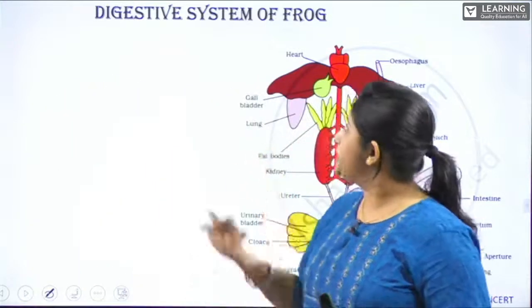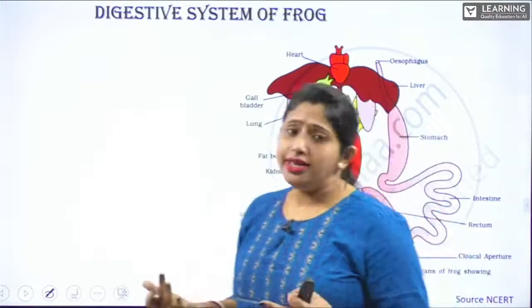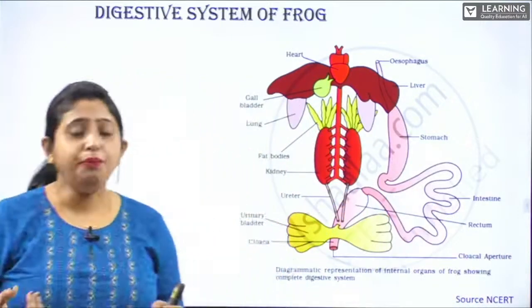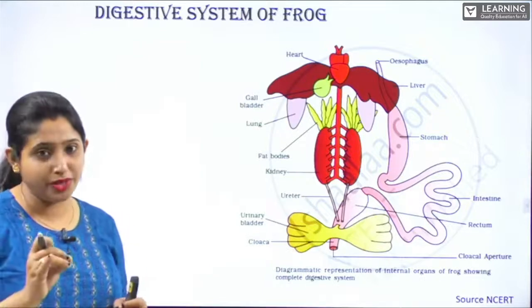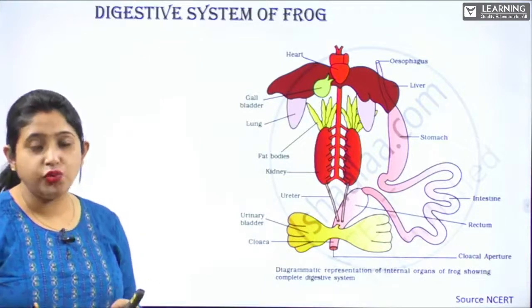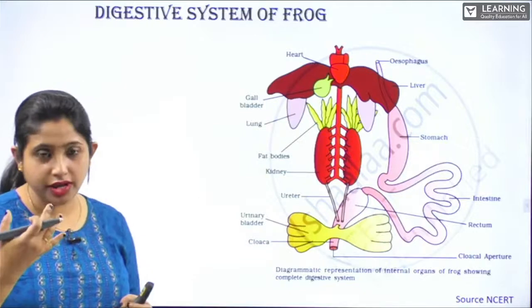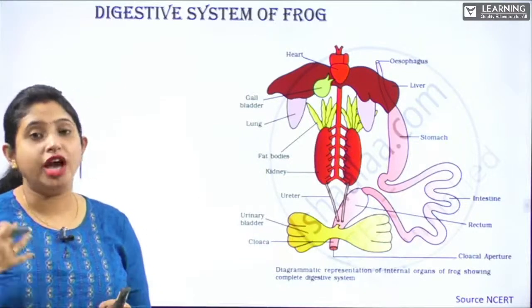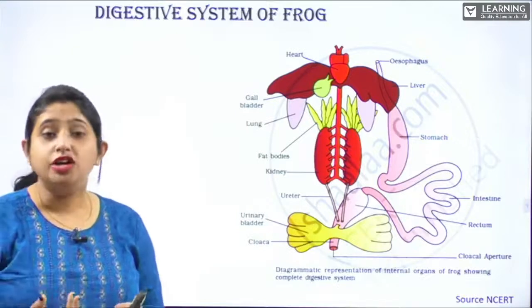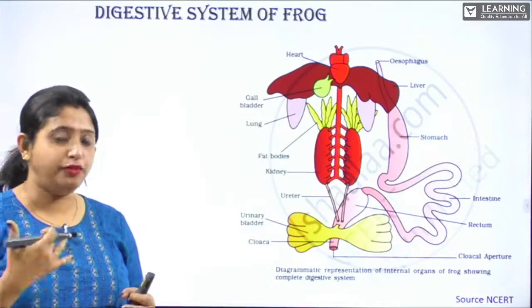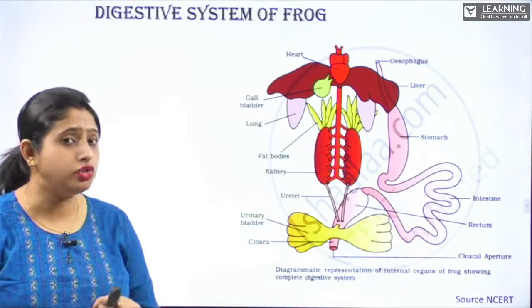The digestive system of the frog is the same as in human beings. In our case, we have a mouth, then the oesophagus, that is the food pipe. Through the food pipe the food will go to the stomach.